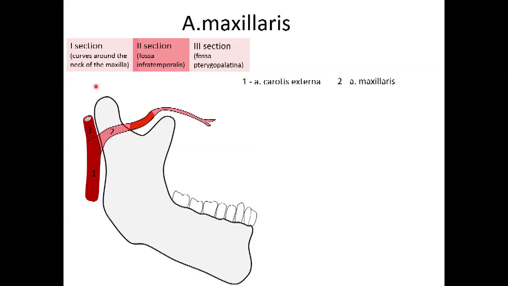And then this more yellow color, it's the second section, and this third section in fossa pterygopalatina is more deep, more difficult for demonstration.